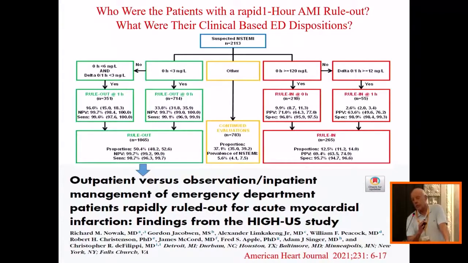A number of them still got admitted because they had coronary disease, and a number got some revascularization after workup. We argue in that paper that based on these low troponins, they probably could have been optimized medically and managed as outpatients, but that's a whole different topic.